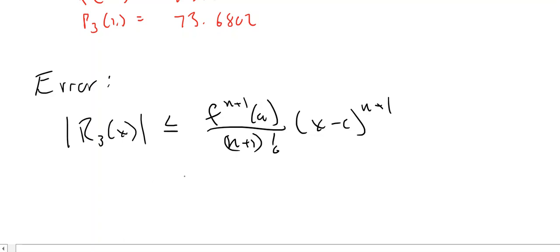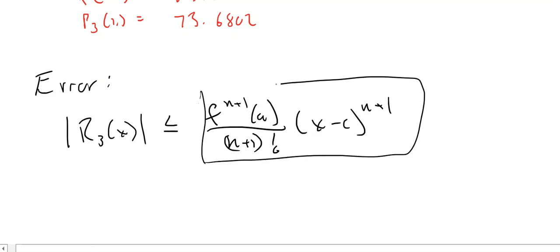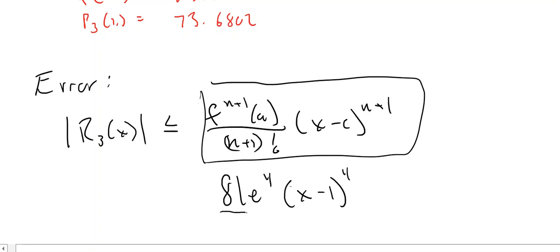So let's figure out what this is. Well, this is the fourth derivative evaluated at a, and we already found that out to be 81e to the fourth. And then we want x minus c, which is x minus 1, to the n plus 1, which is to the fourth. And then over n plus 1 factorial, which is simply 4 factorial.